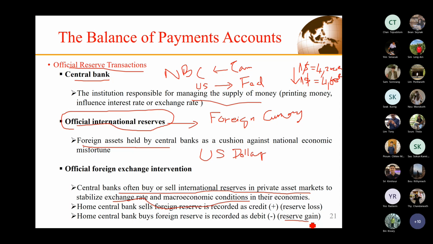You must get something in return when the central bank sells the reserve it has to the foreigner, or buys foreign reserve from another foreign central bank. So remember that there is always double entry bookkeeping. You have to record it twice.